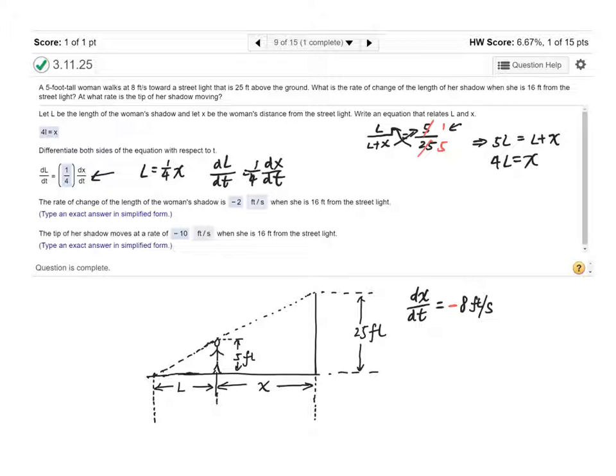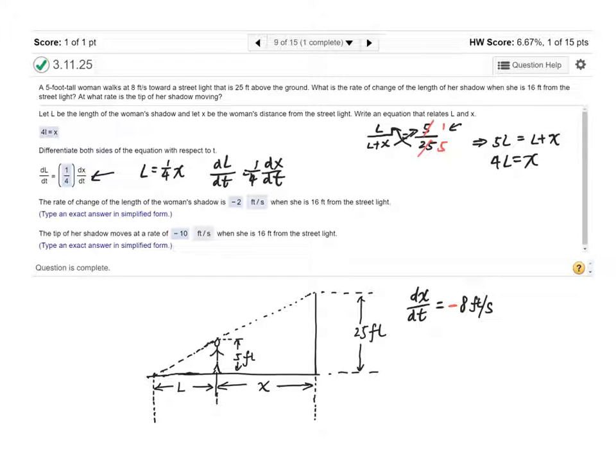The next one is we want to find the rate of change of the length of the woman's shadow. That means I want to find how fast this length is decreasing. So dL/dt is what we are trying to find.